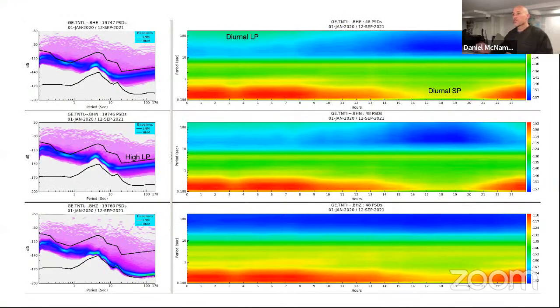This one is very interesting. The horizontals are very stable. The noise levels in the long periods are quite high, but they're stable. They're not moving as much as we've seen. You see how the long period probabilities kind of settle into those dark and light blue colors. That suggests that it's fairly stable, but again, relatively high. So I'm not sure what's going on here.